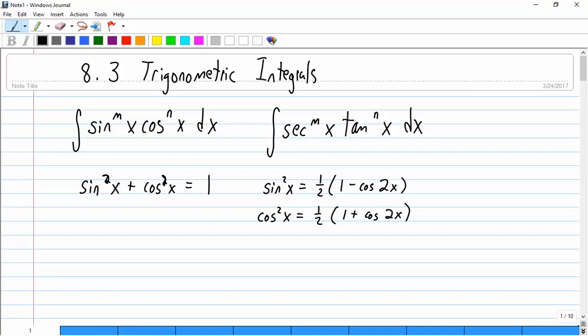Now, as far as integrals are concerned, those are two of the most powerful trig formulas that we cover. Because look what they do to an integrand.